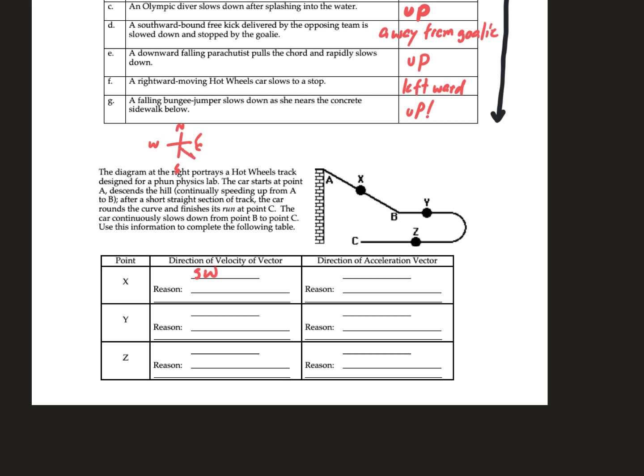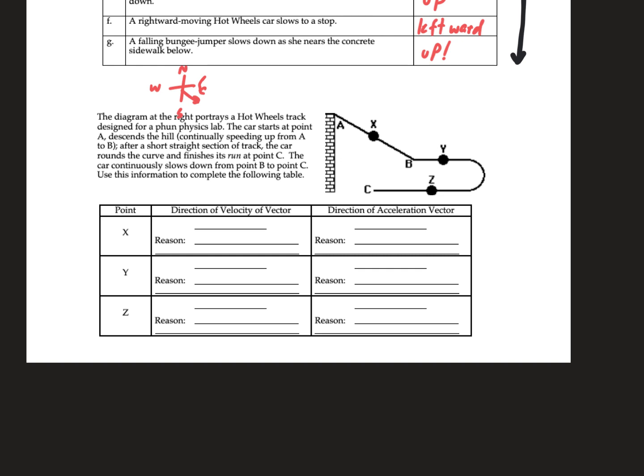I'm sorry, southeast, right? So that'll be pointing to the southeast, simply because of the direction it's going. The acceleration is also going to be going this way, and the reason is it's speeding up, so we want those two vector quantities pointing in the same direction.